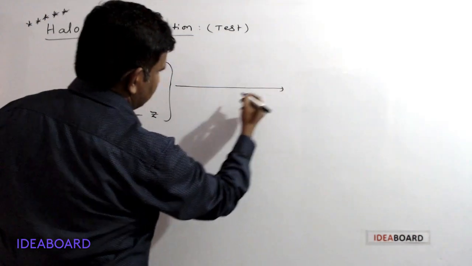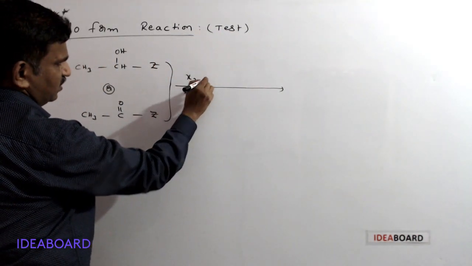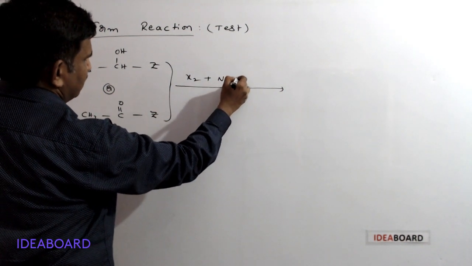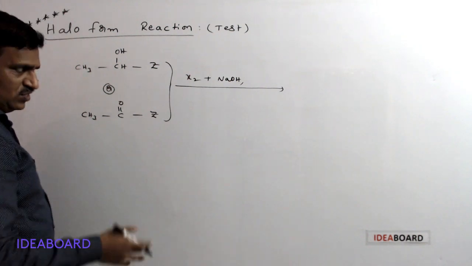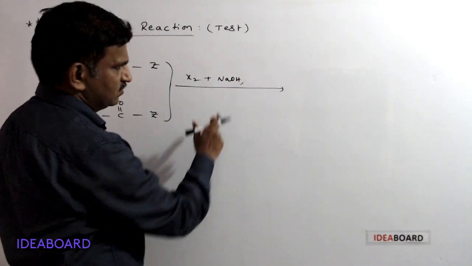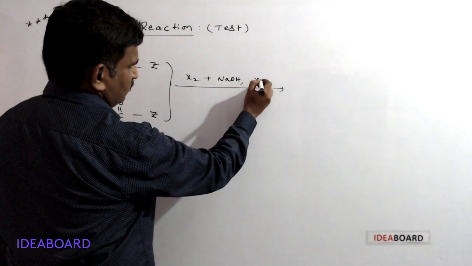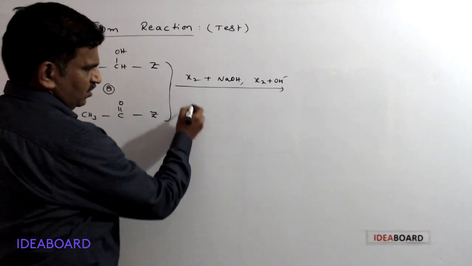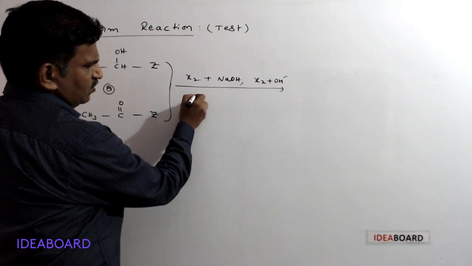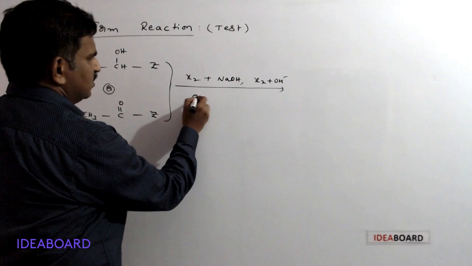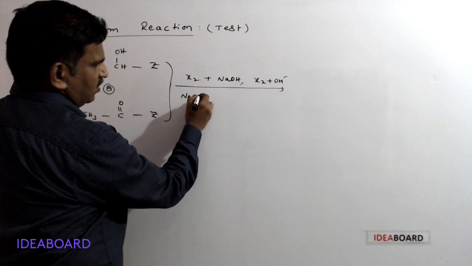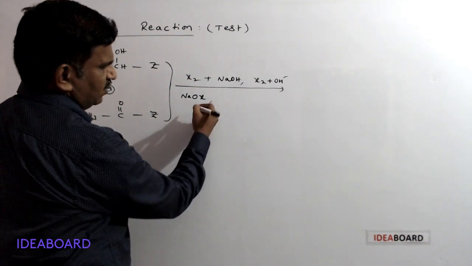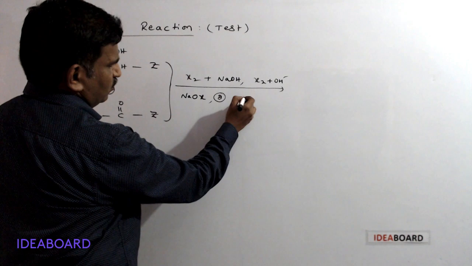These react with a halogen and alkali, here NaOH or KOH, or we can take directly OH minus, X2 plus OH minus, or they may give NaOCl or NaOX, or OX minus.